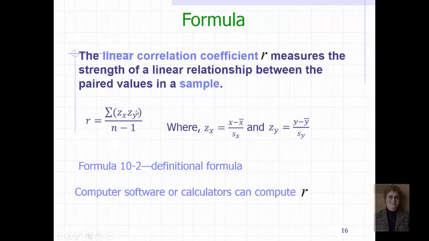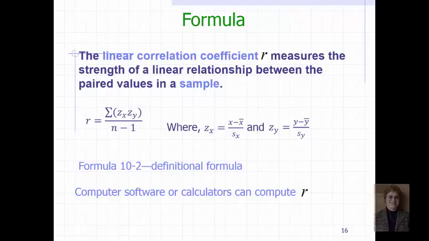But the thing I want to talk about here is we need to standardize each value. So z sub x means that's our standardized x, and z sub y is our standardized y. And so what we're going to do is multiply those together for each one of our individuals.